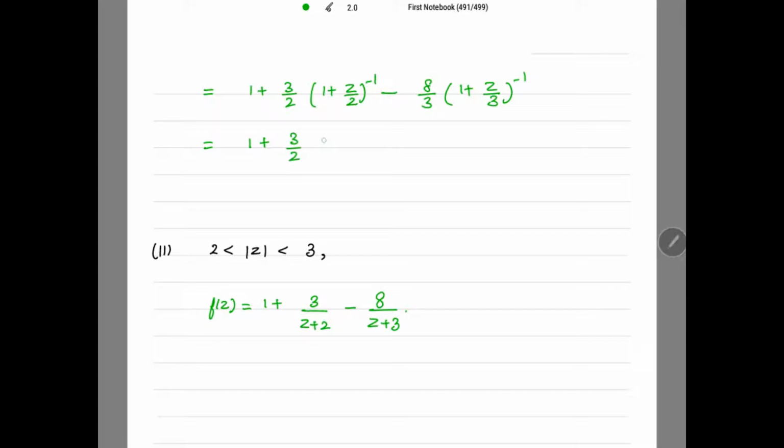I am expanding this (1 plus z by 2) inverse in the summation form. You can check my remarks in the very first video of the Laurent series, the second video. Check the remarks, the formula is given over there.